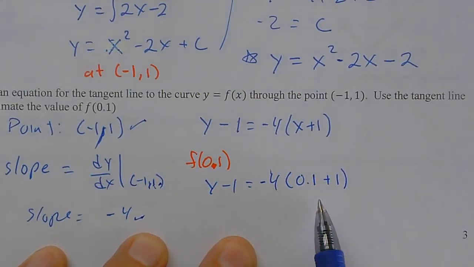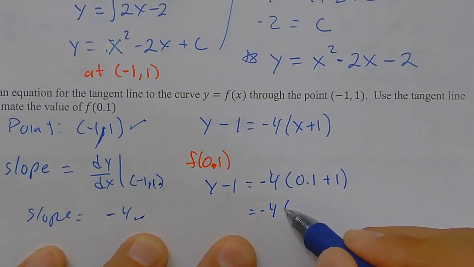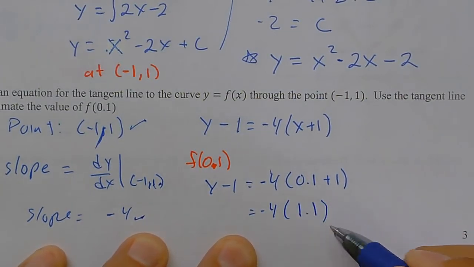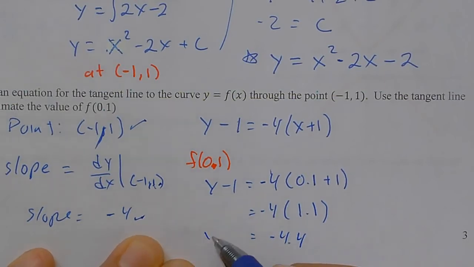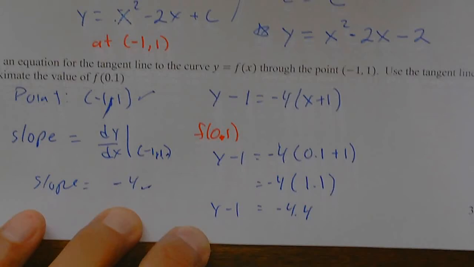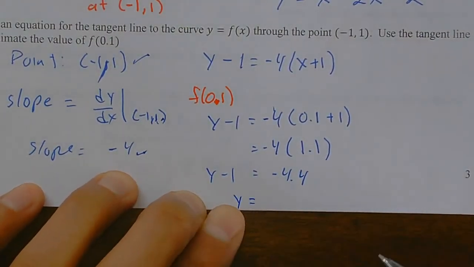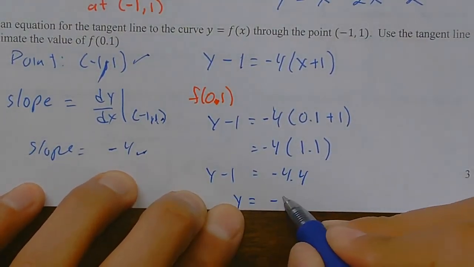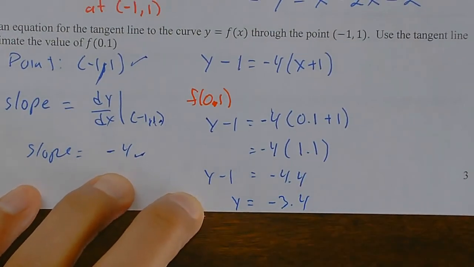Add 1. And I'm getting -3.4. So what that means is that I was asked to use my tangent line to approximate the value at 0.1. And if I use the tangent line, I'm approximating the value to be -3.4.